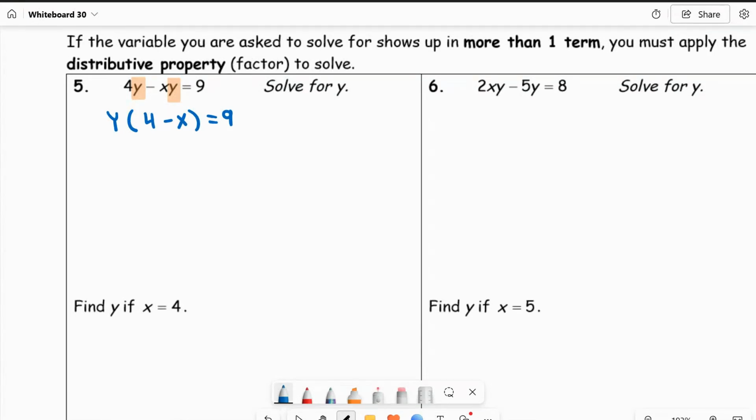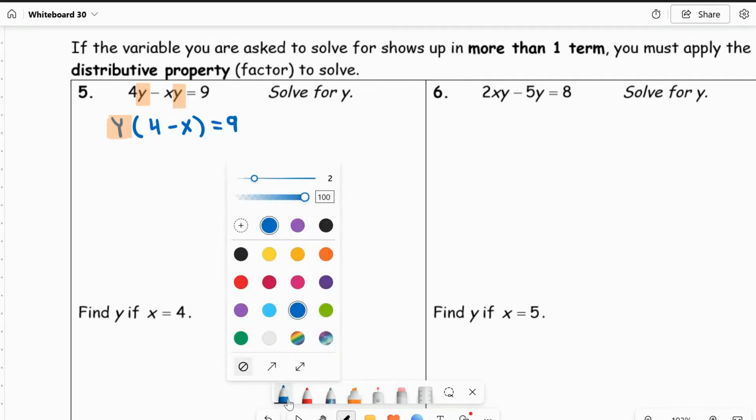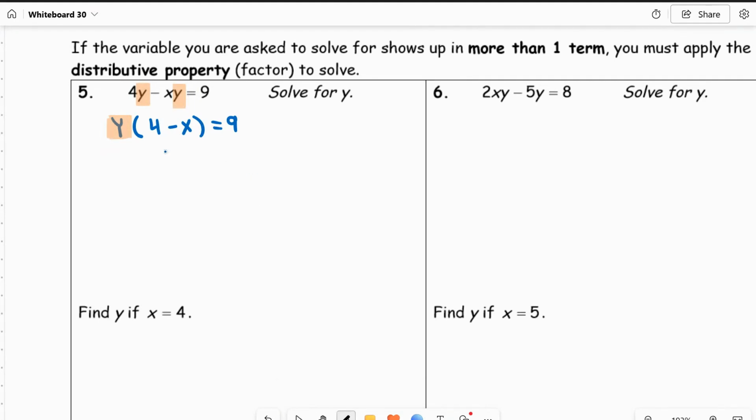The nice thing about the process here is now we're still just trying to solve for y. So we just need to undo our multiplication here, which can easily be done by division. So let's divide our parentheses 4 minus x to both sides. That way we'll get y all by itself.